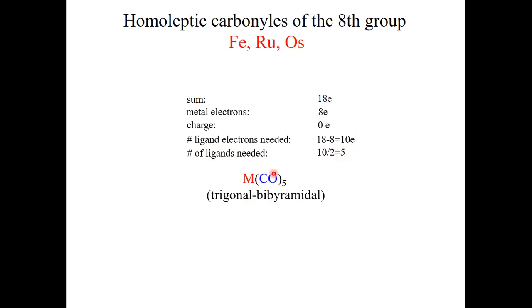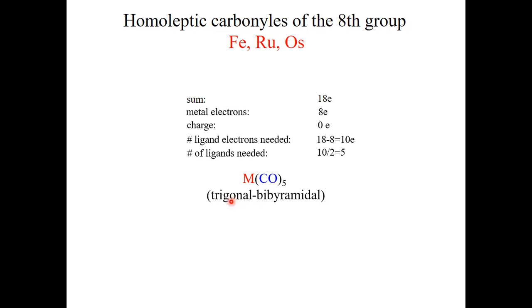So which structures could they have? We have seen that there are two structures for coordination number 5 which are approximately equally stable: the trigonal bipyramidal structure and the square pyramidal structure.